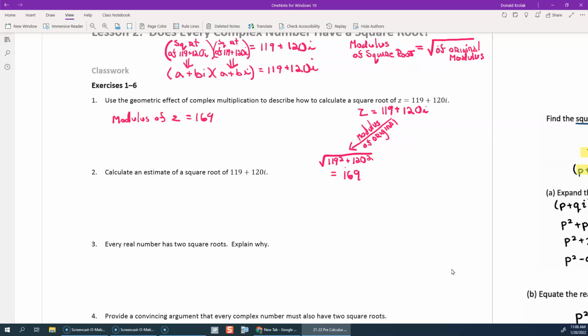Now what we said was, I want to take this and do its square root, and that's going to give me the modulus of the square root.